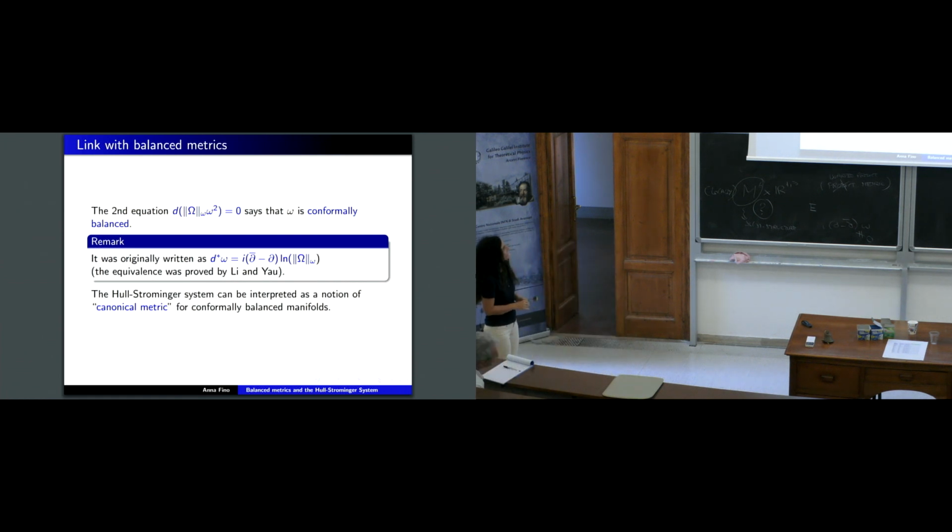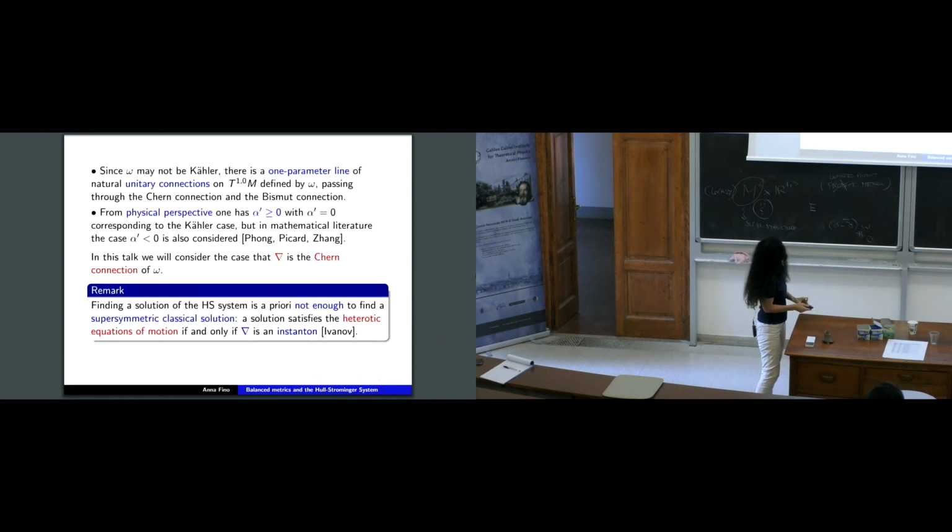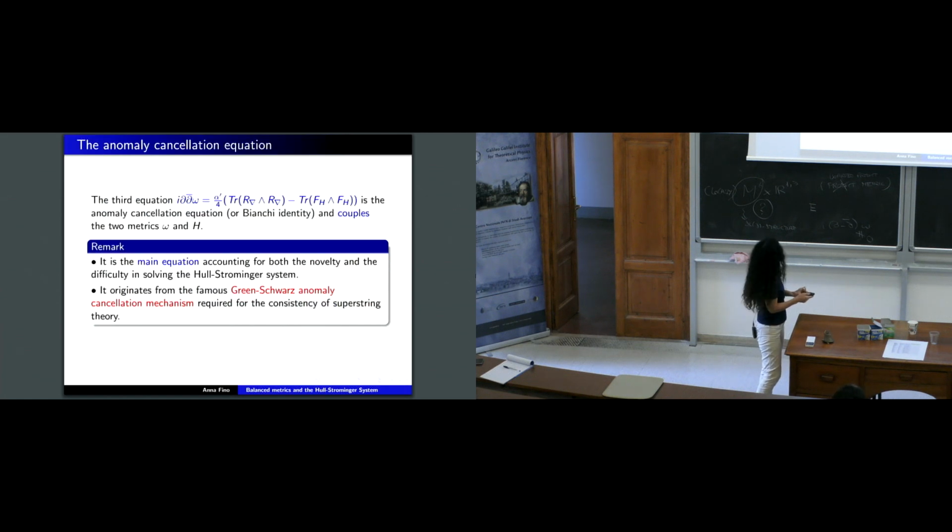Okay, and this can be viewed as a notion of canonical metric because you have a condition involving, let's say, the curvature. The third equation is a more complicated equation. It's also called the anomaly cancellation equation and couples the two metrics.